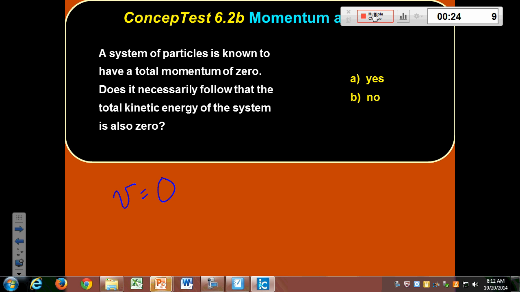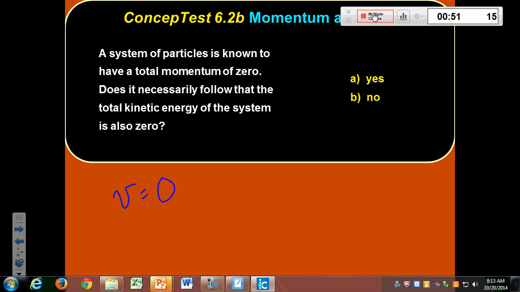Now in this question, the system has a total momentum of 0. Remember, momentum is a vector quantity. So does it follow that the kinetic energy is also 0? A, yes, or B, no? Now remember, kinetic energy is a scalar quantity, so it doesn't have any direction attached to it.